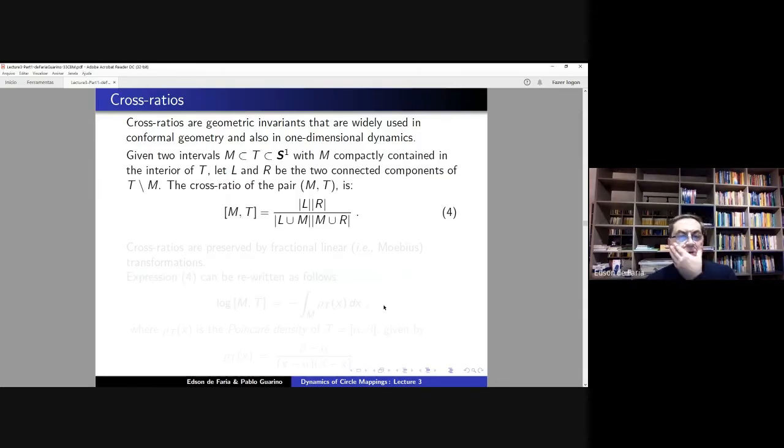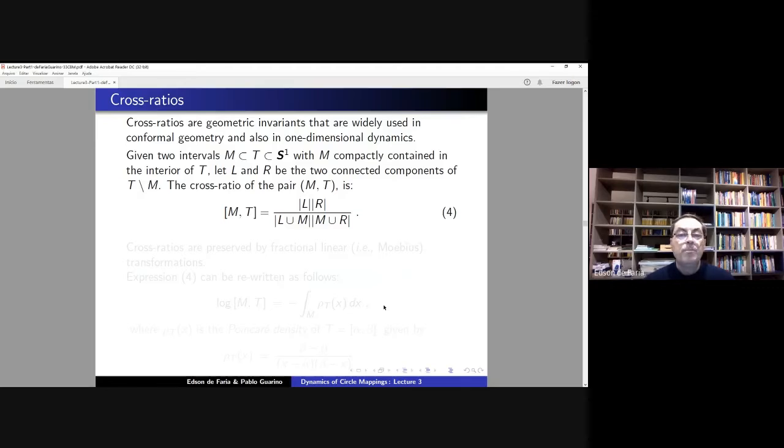So suppose you have 2 intervals, I call them M and T, and suppose that M is contained in T compactly. So M is actually contained in the interior of T, okay? And it's a closed interval. So think of a closed interval contained in the interior of another closed interval T.